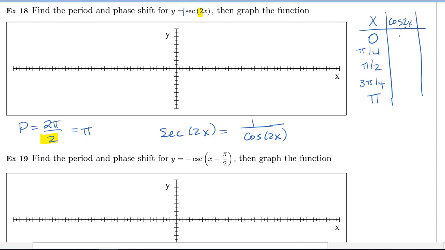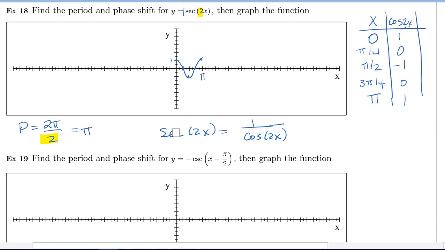So for cosine we would start at 1, and then go down to 0, and then down to -1, and then back to 0, and back to 1. That would be a full cycle. If this is pi here, then cosine starts off at 1, goes to 0, goes down to -1, back to 0, and then back to 1. So that would be our cosine function.